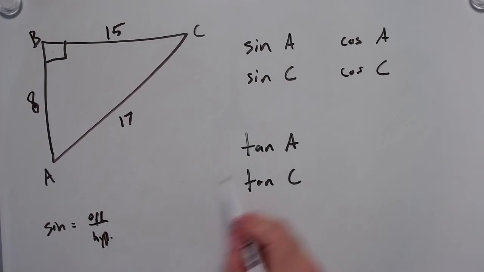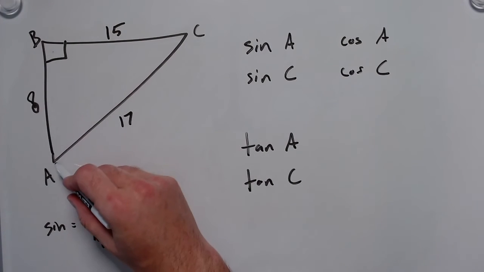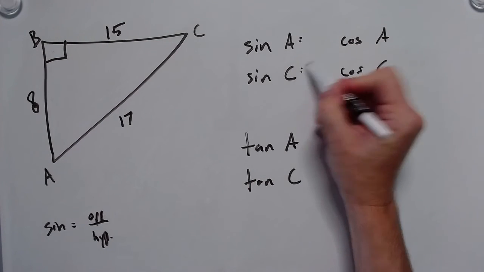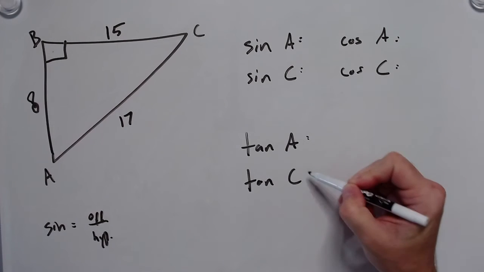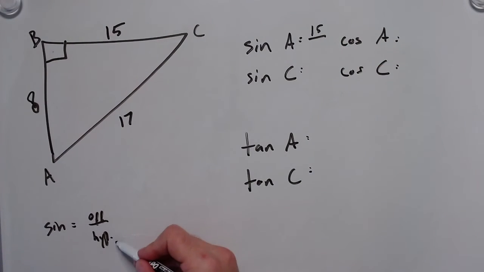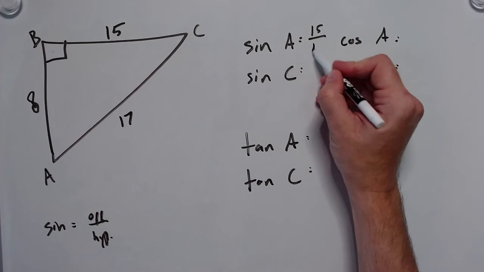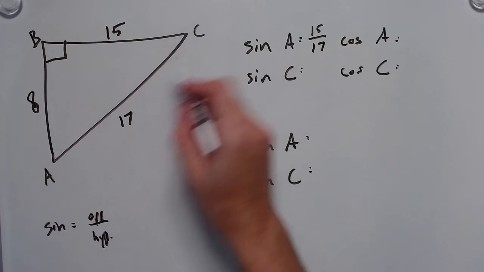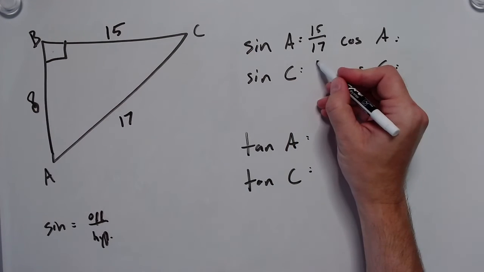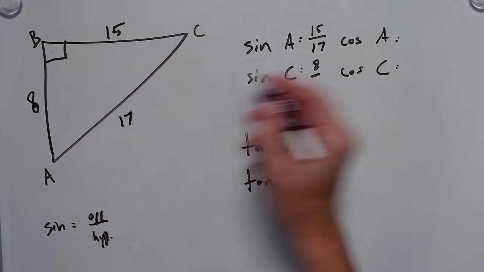All right, so let's do that over here. Sine of A. What is opposite of A? It's 15. So this is 15 over the hypotenuse, just this guy, 17. Sine of C, again, the opposite of C is 8, so it's going to be 8 over hypotenuse.